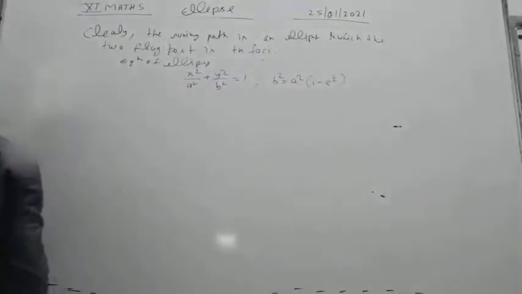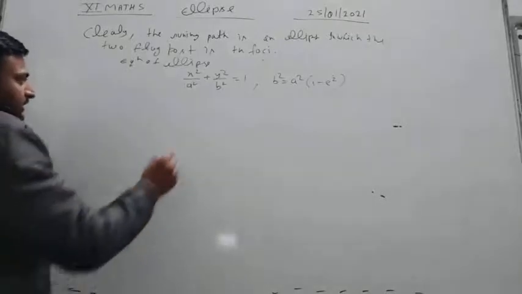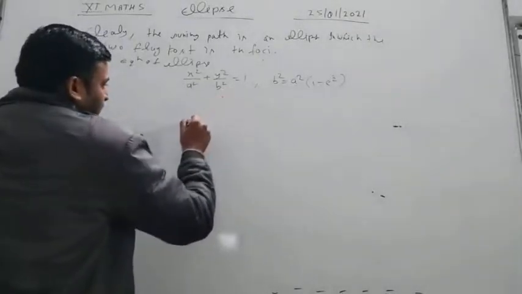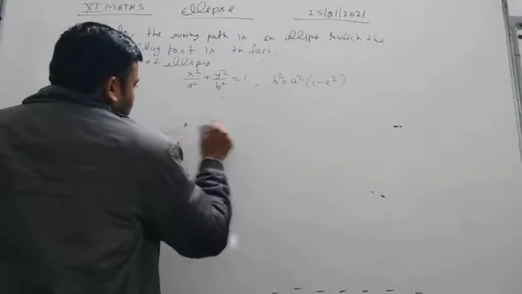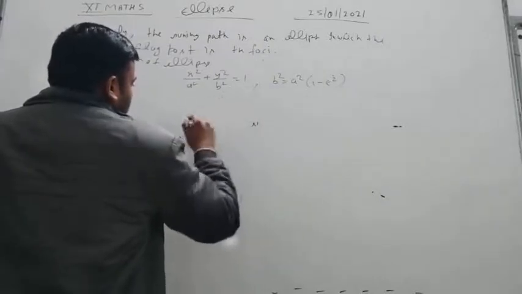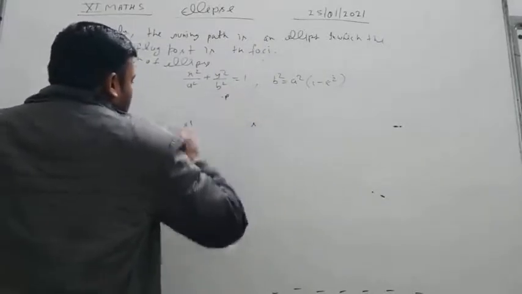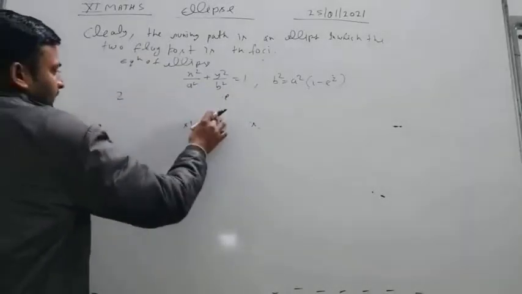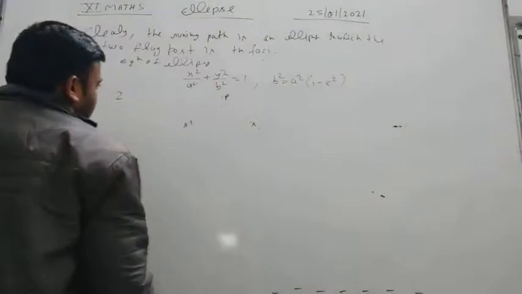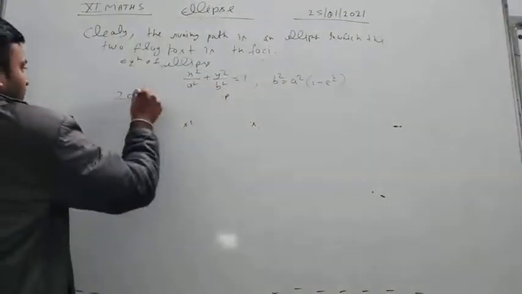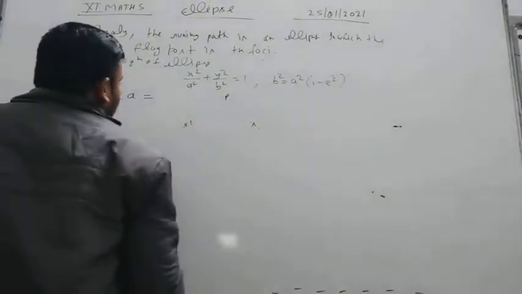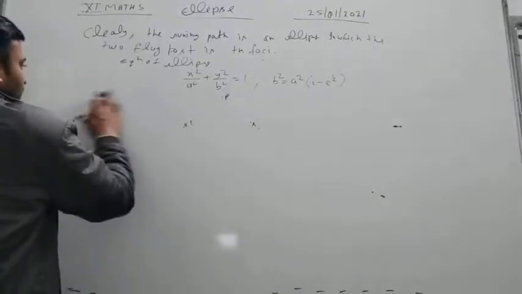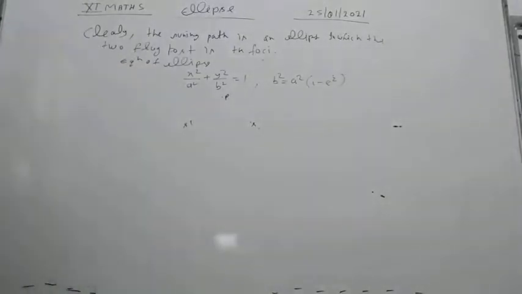And student, the distances from P to S and S dash, that is PS plus PS dash, is 2a.